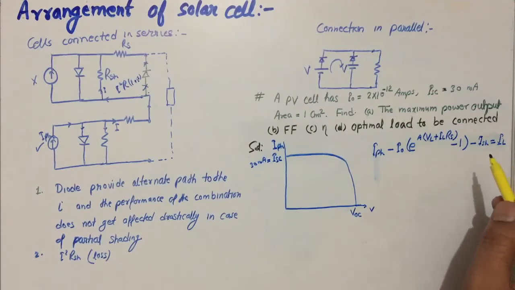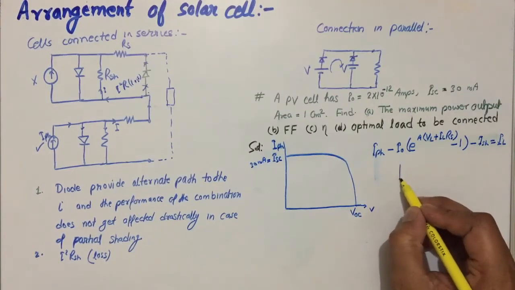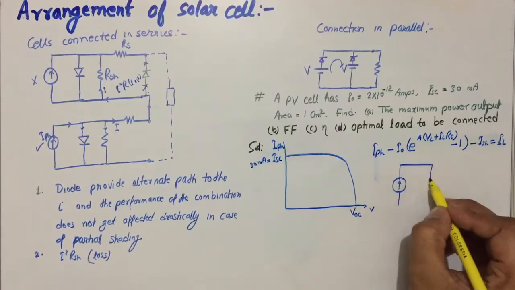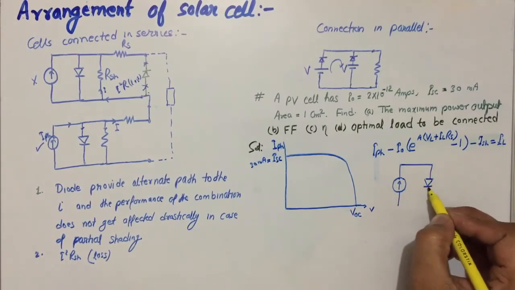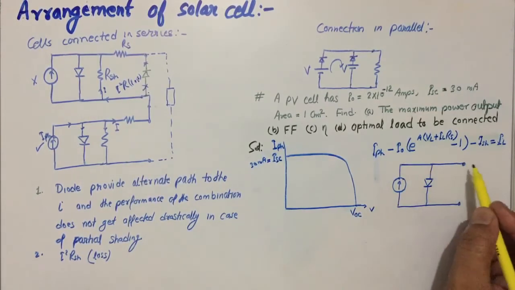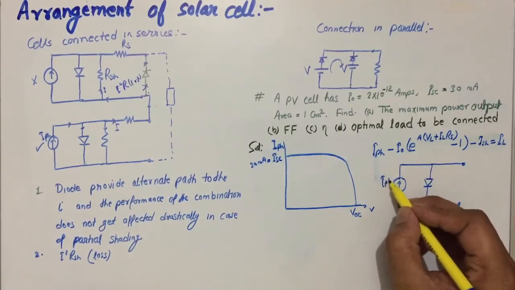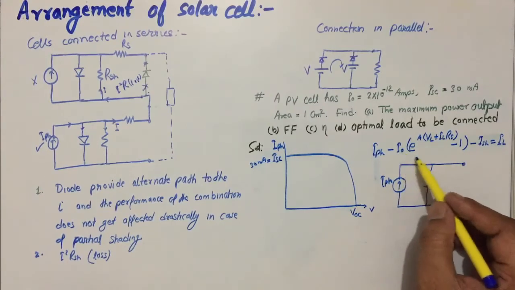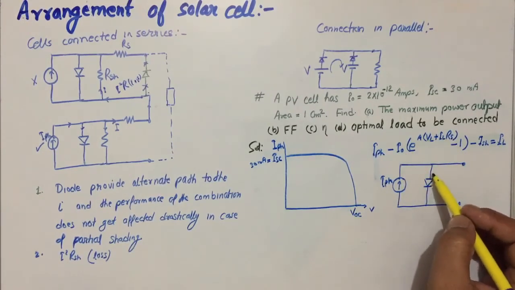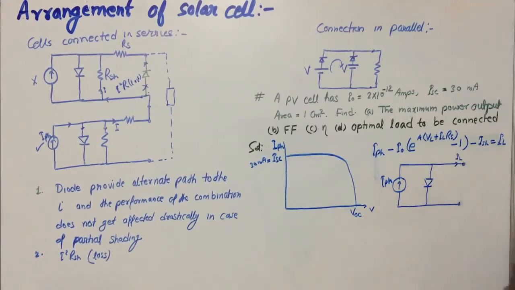Consider the equivalent circuit, the most basic one, where we are assuming no shunt parameters. So this is the photon current. This is the current flowing from here, and this is the load current.